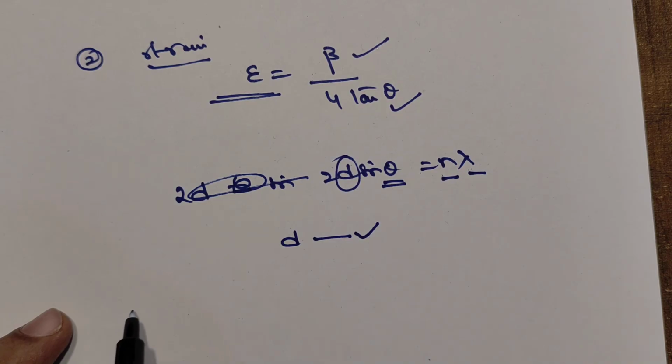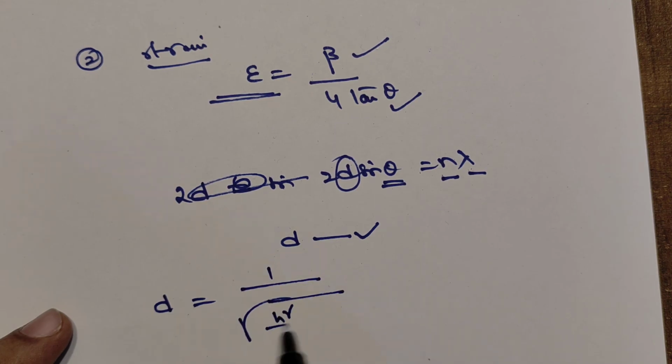By obtaining all these values, it is also possible to use d equals 1 by square root of h square by a square plus k square by b square plus l square by c square.